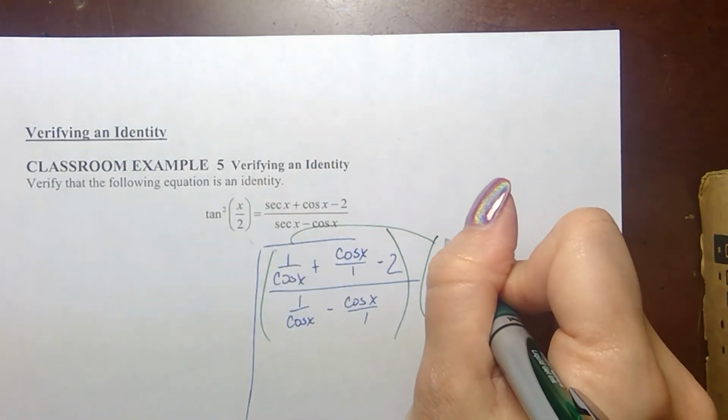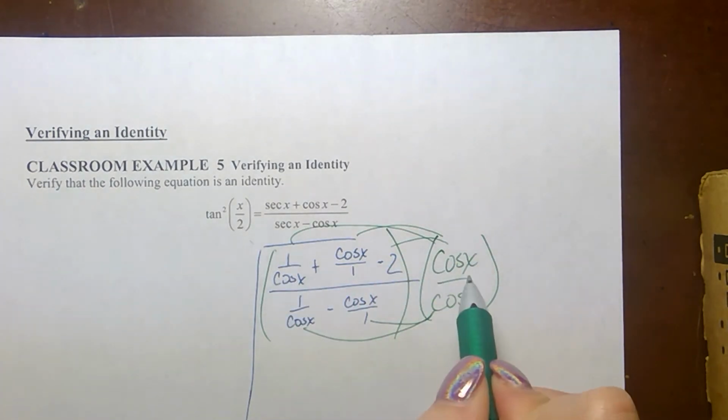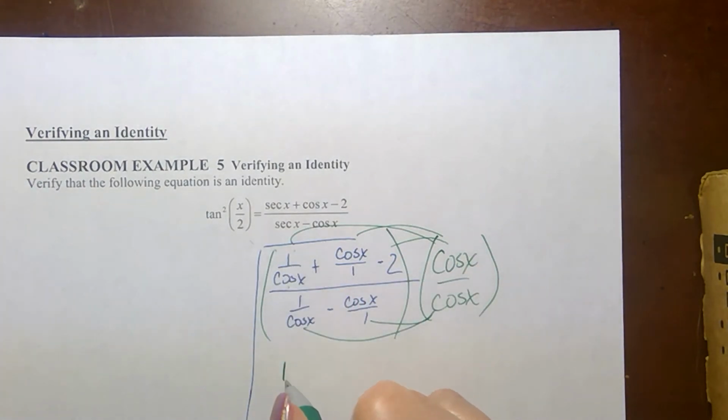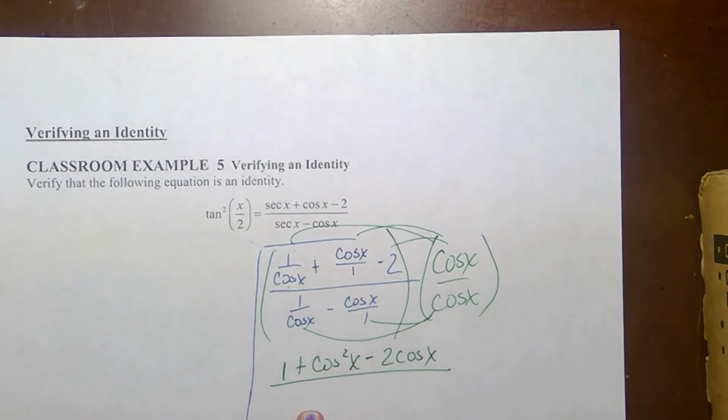When I distribute that cosine x to each term inside, this just cancels. Cosine x over cosine x is 1, plus that's going to be cosine squared x minus 2 cosine x. You know what? That's a perfect square trinomial. It's out of order, but it is a perfect square trinomial. And in my denominator, I get 1 minus cosine squared x.